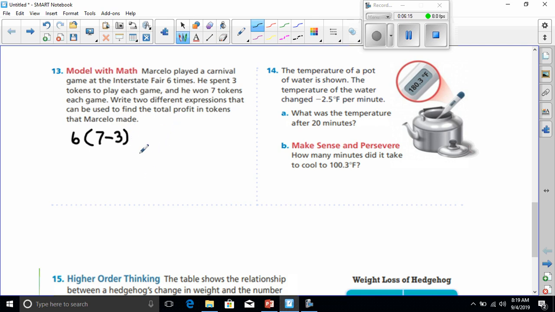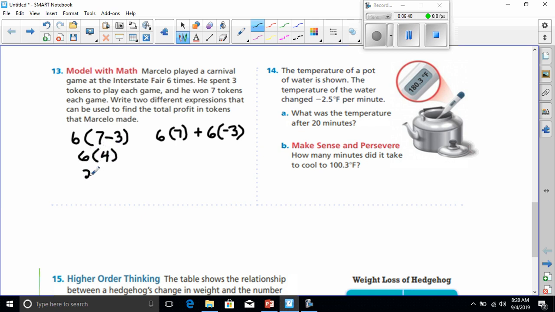The next one could just simply be 6 times 7. And we could add that to 6 times -3. Some of you might be wondering if these equal the same thing. Let's check that out. Well, first of all, 7 minus 3 is 4. So this will now be 6 times 4.